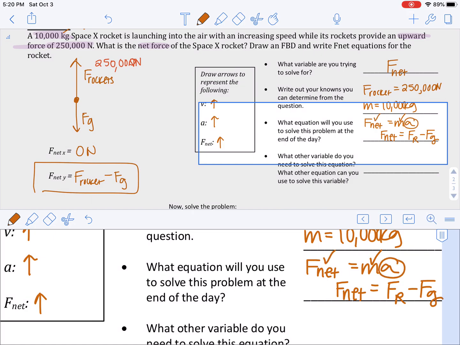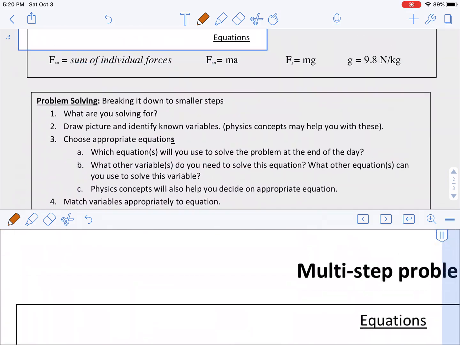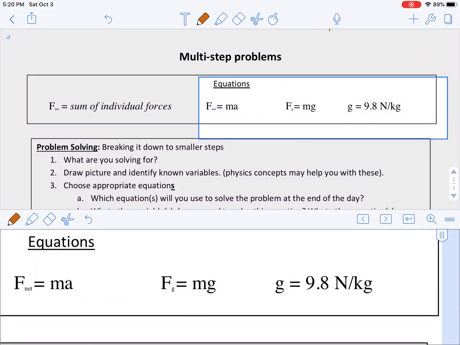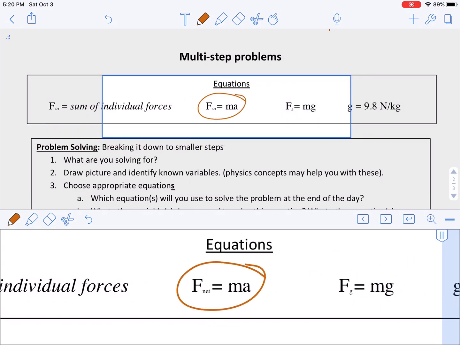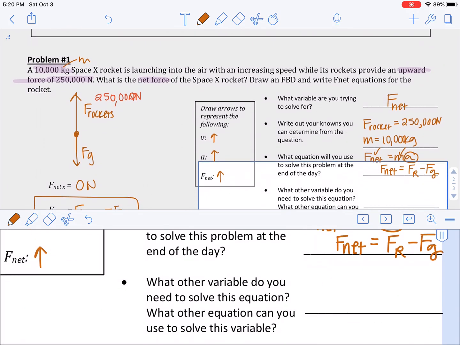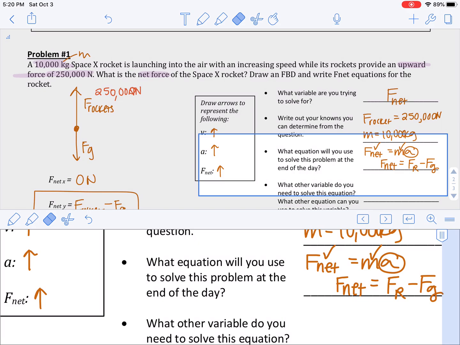So I'd have to solve for acceleration to be able to solve for F net, which I don't really know how to do with any of these equations up here. This equation has F net equals ma. It has a in it, but I want to use that equation to solve for F net. So I can't solve for a using that equation.